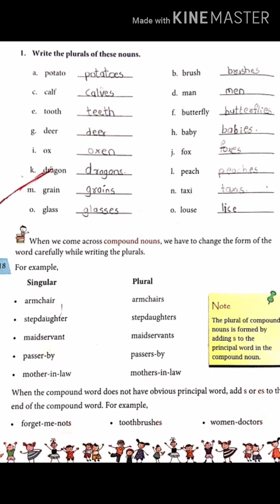A. The bystanders were shocked to see the accident. Answer. The bystander. Now the bystander is one, so you have to put was. Shocked to see the accident. What will be the answer? The bystander was shocked to see the accident.